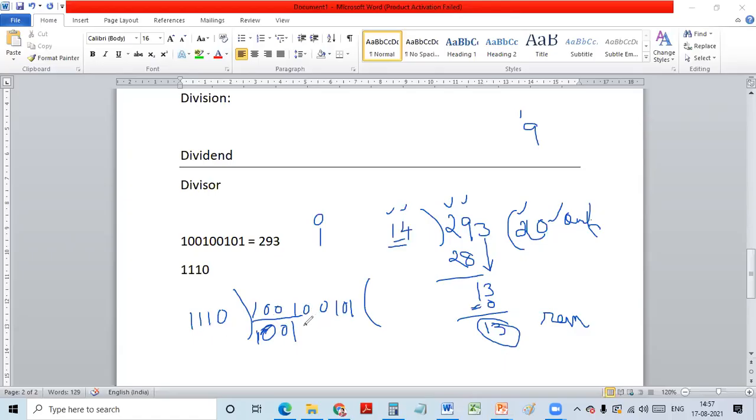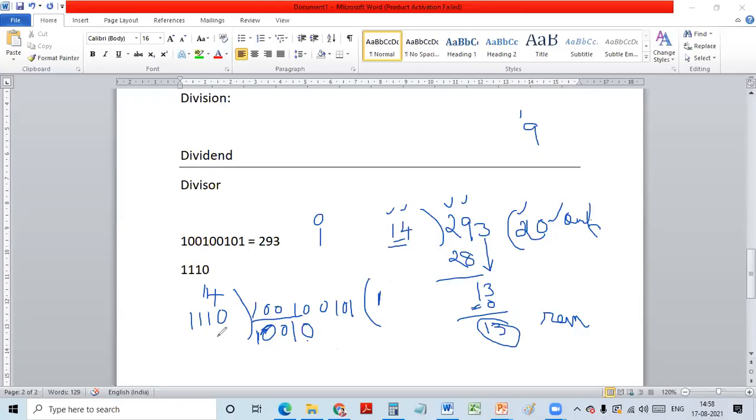So I will take one more digit, total 5 digits. Now this number is 16 plus 2, which is 18, and this is 14. So this number is greater than this number, hence I can start my quotient with 1.